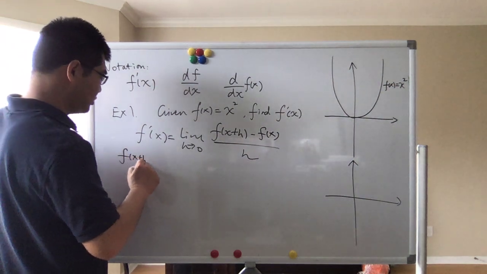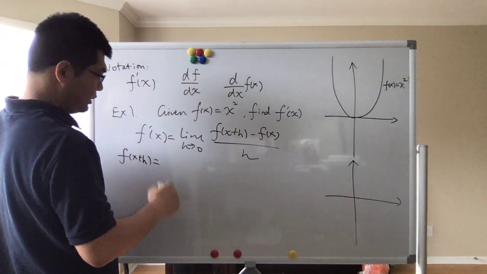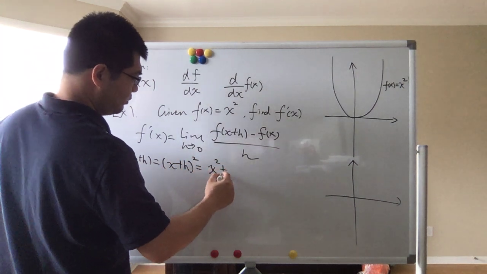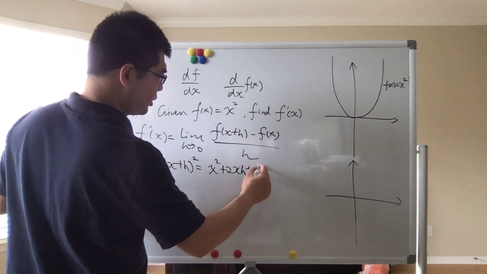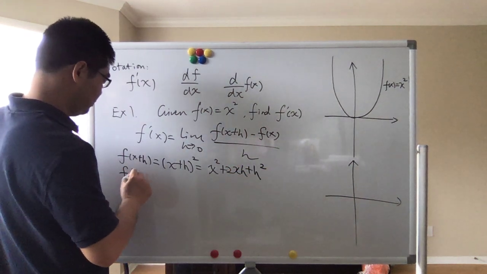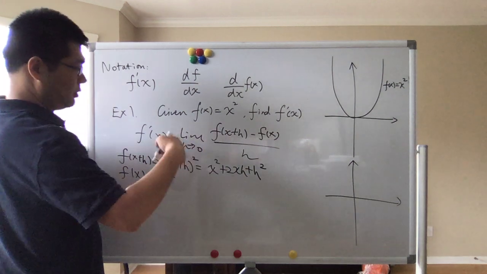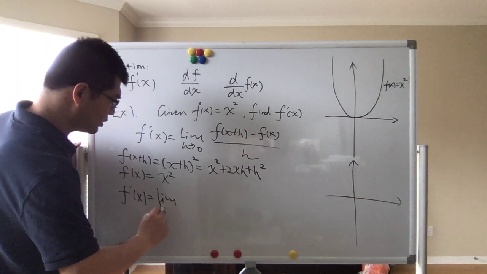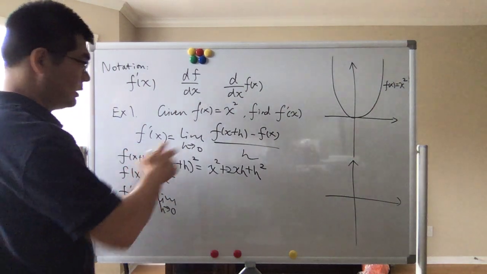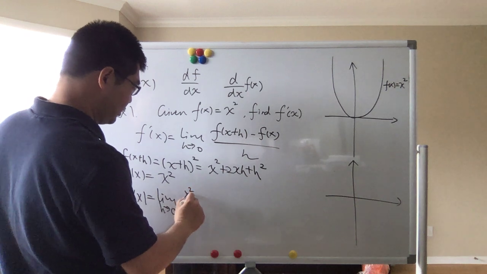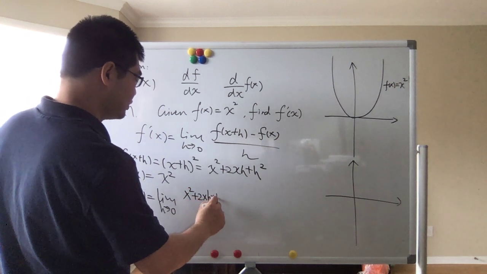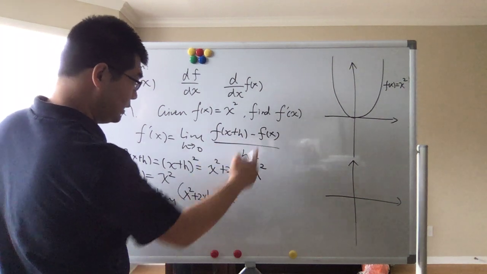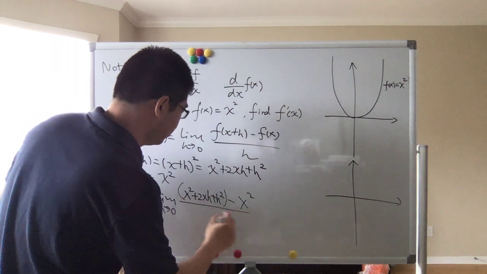f of x plus h, based on f of x equals x squared, is x plus h squared, which gives us x squared plus 2xh plus h squared. f of x, meanwhile, equals x squared. So f prime equals the limit as h approaches 0, and I just replace here: x squared plus 2xh plus h squared, minus x squared, over h.